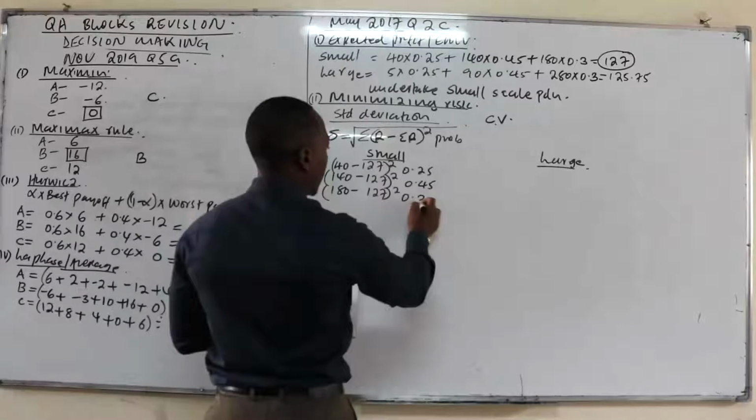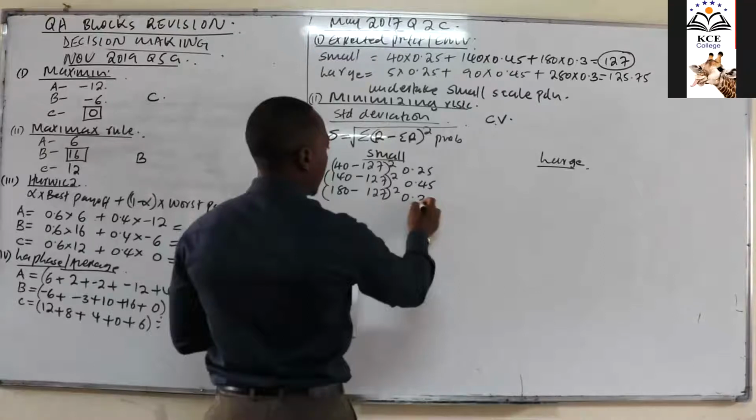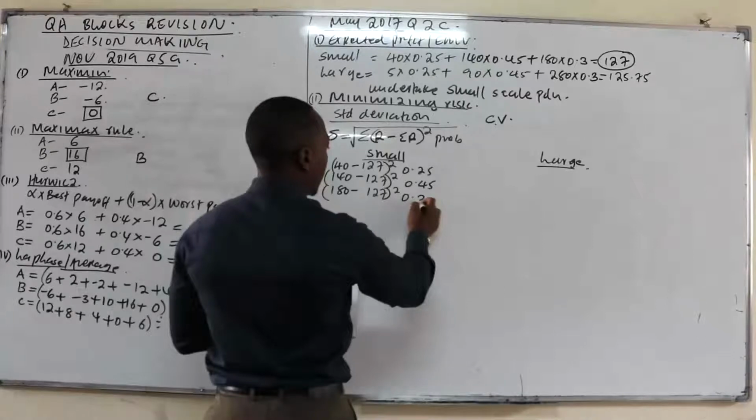We do the same for the large scale. For the large scale, we have the returns 5, 90, and 280. You deduct the EMV, and the EMV when you adopt the large scale was 125.75.